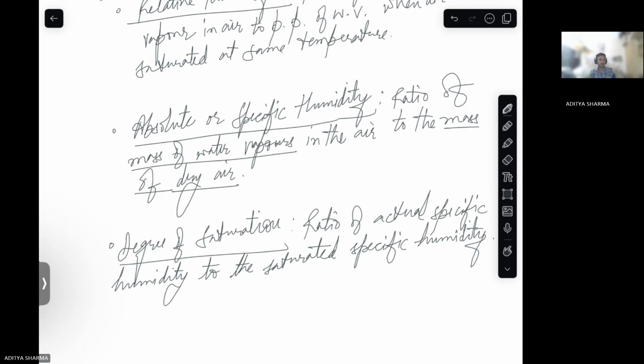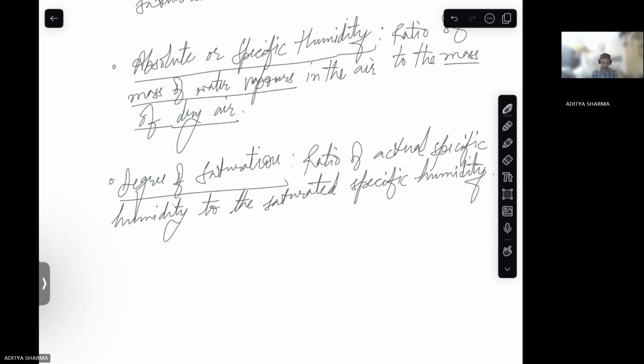So we divide the unsaturated specific humidity by the saturated one, and from here we get the degree of saturation. So the degree or the extent to which your air is saturated, this is the measure of that. So this is degree of saturation.